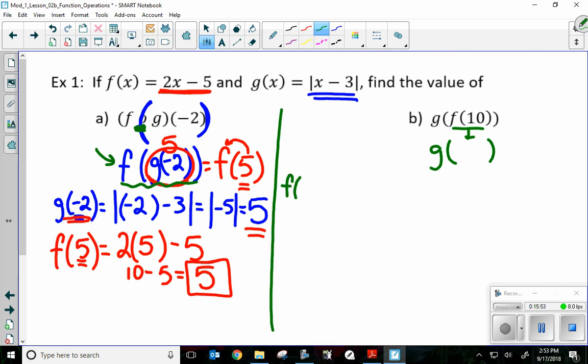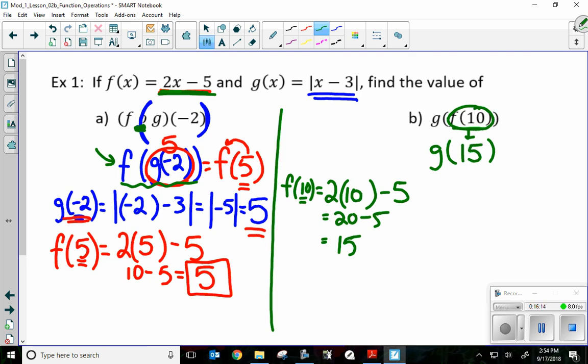F of 10 would be taking this right here and putting a 10 in for x. So it's 2 times x minus 5. Well, that's a 10. That's 20 minus 5, which is 15. So f of 10 is actually 15. So now I'm going to take g of 15, and I'm done.